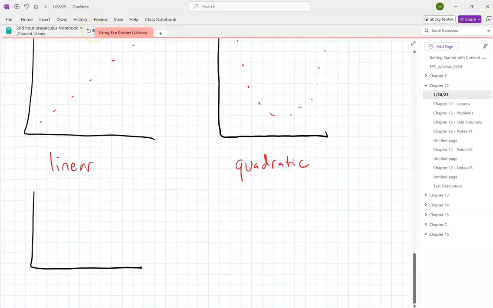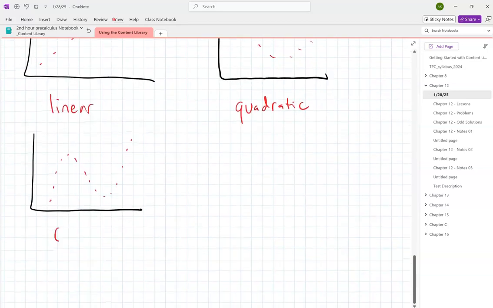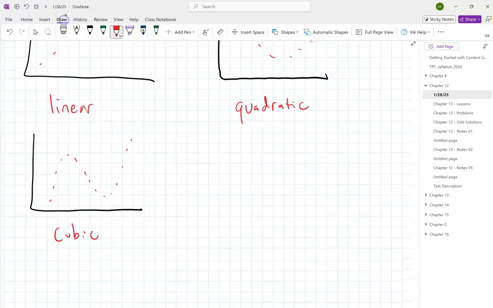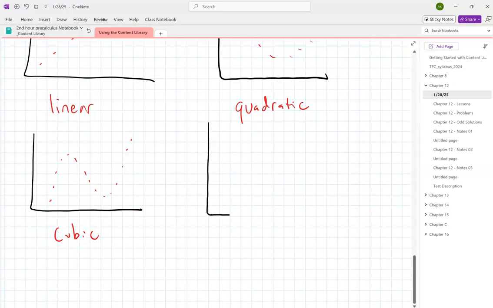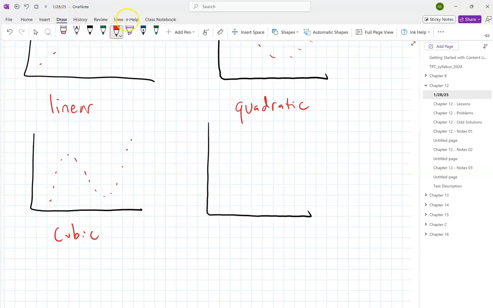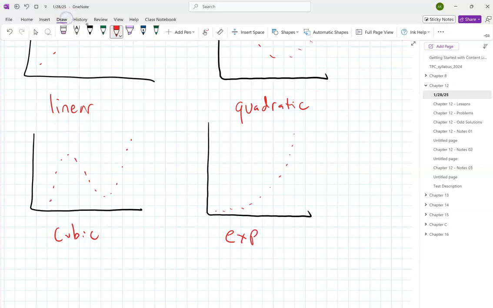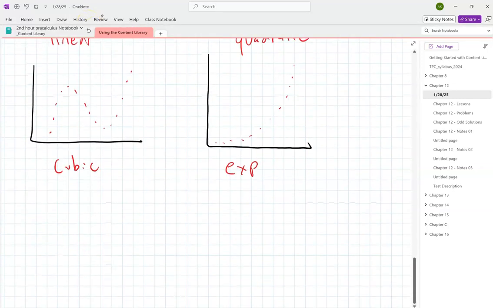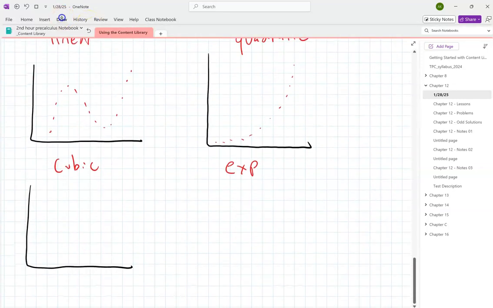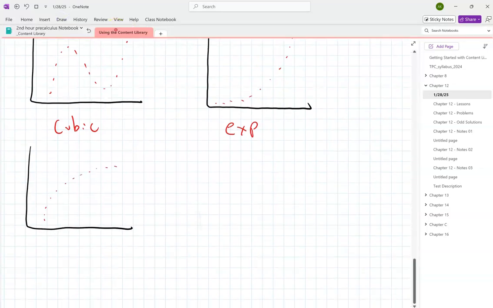Or what if my data looked like that? That's like a cubic relationship. Or maybe my data looks like this. That's exponential. Or what if my data looked like this?